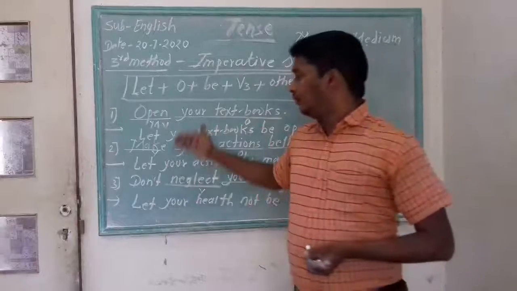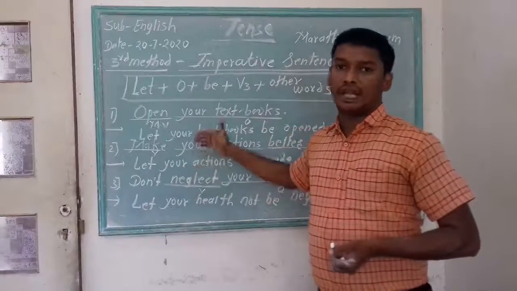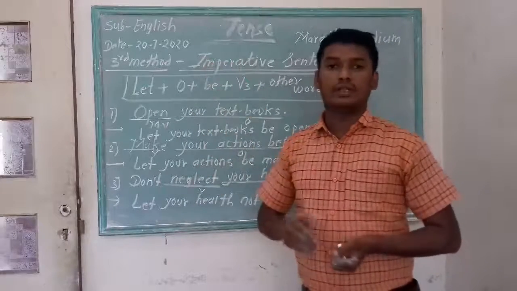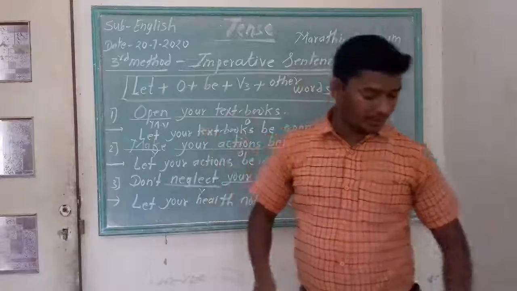Okay, if you have taken these three examples, then I start the next, fourth method, that is having two objects.